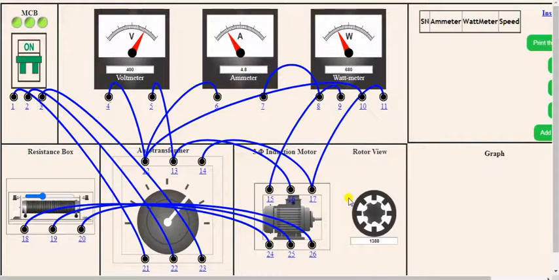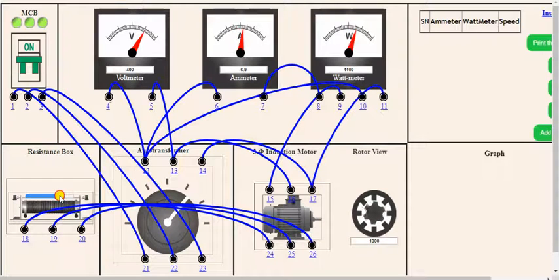What happens when we apply rotor resistance during running condition? Speed decreases. Again increase the resistance by dragging it to the right side. Again rotor speed decreases, and now it becomes 1352 RPM.